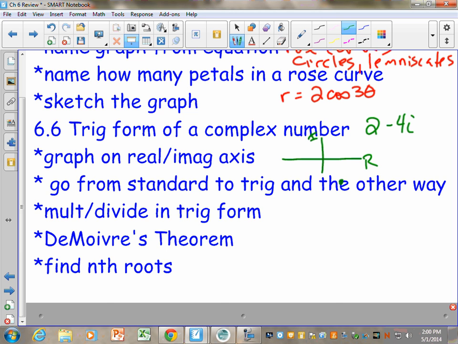Everything that we've done in 6.6 since that first day has been converting from standard to trig form or trig to standard form. I hope if you've stayed caught up on your homework, that you're able to do that.